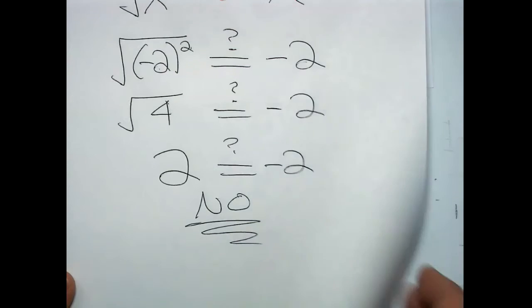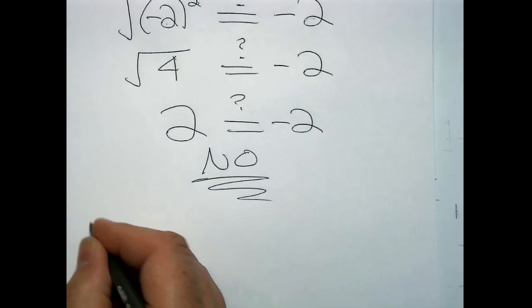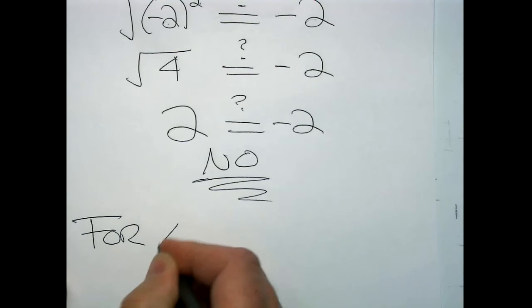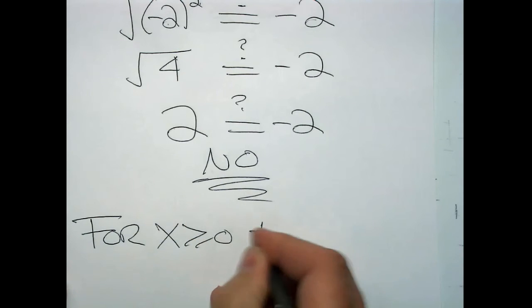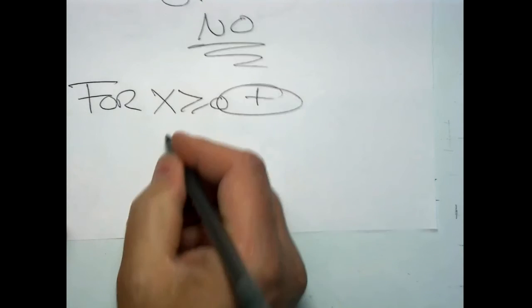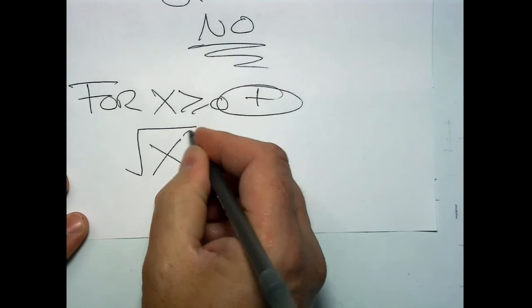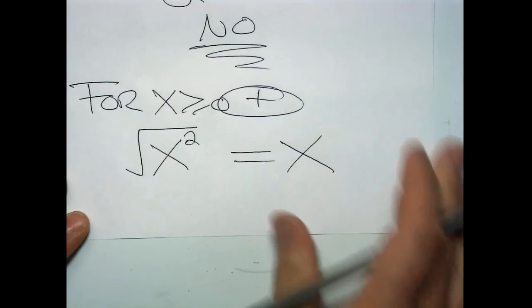So, you know when we write the square root of x squared equals x, and we do that a lot, sometimes not really thinking about it, did you know that 50% of the time it's actually wrong? So we need to qualify this square root of x squared thing, and I need to give you a better definition so that we know what to do in this situation. For x's that are positive, you can state with confidence that the square root of x squared is truly x.